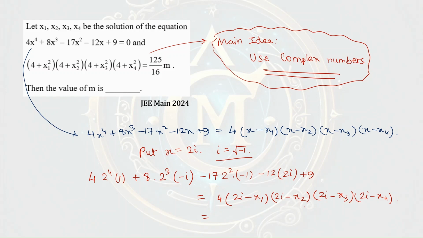Or we can write this as 4 times (x1 minus 2 iota), (x2 minus 2 iota), (x3 minus 2 iota), and (x4 minus 2 iota).